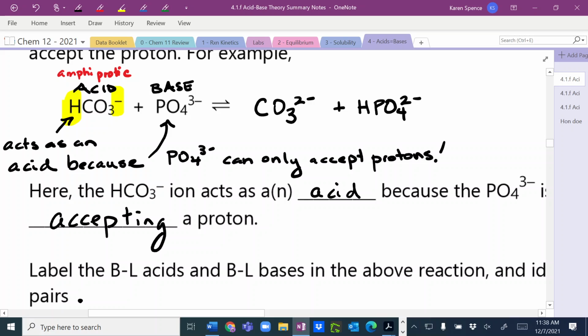Tell your partner, who is the acid in the reverse reaction? Who is the base in the reverse reaction?